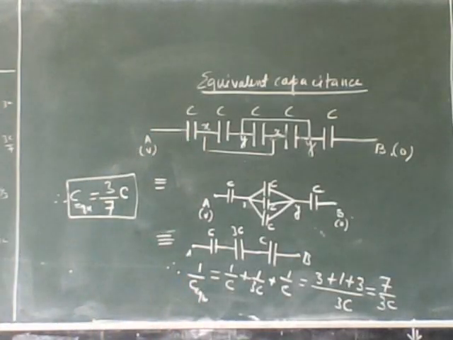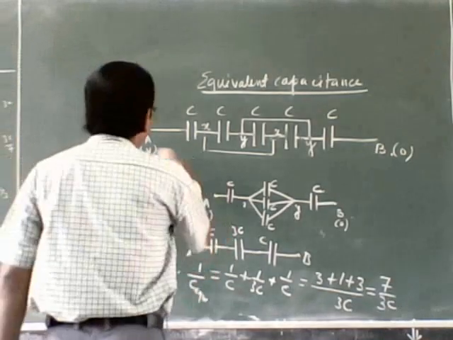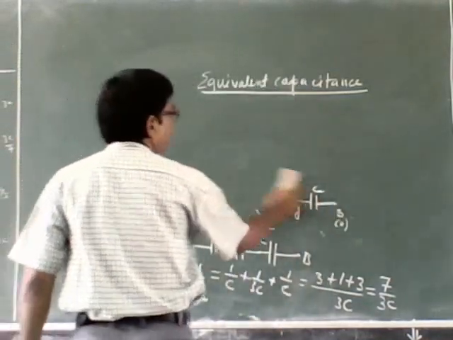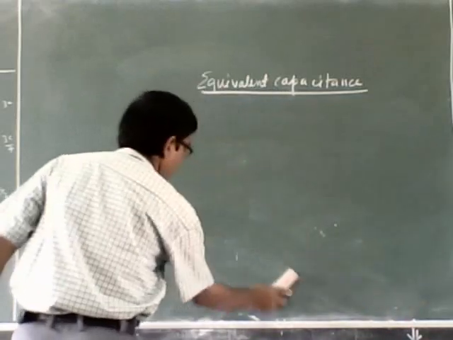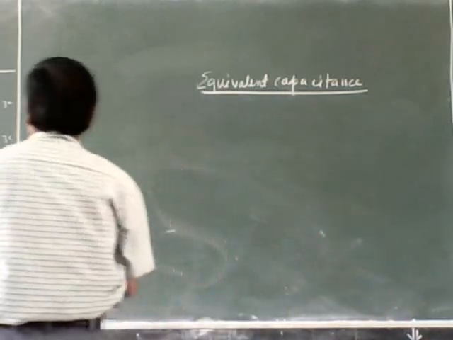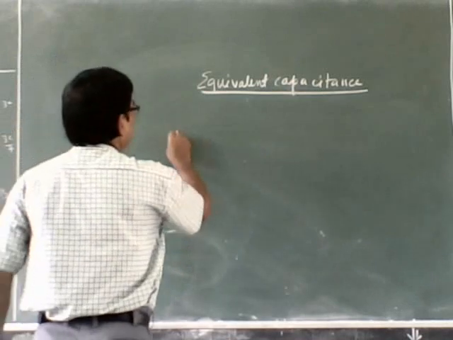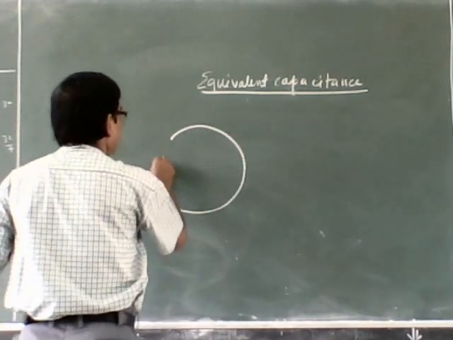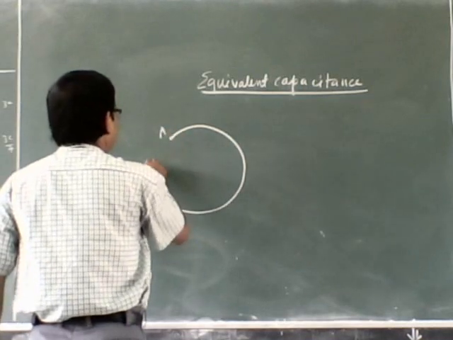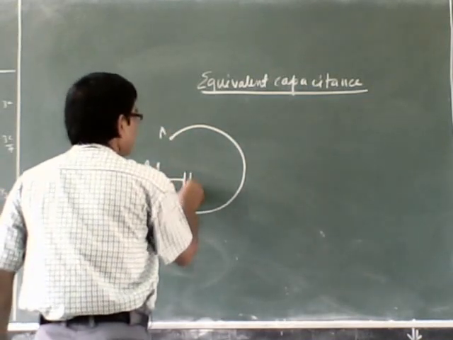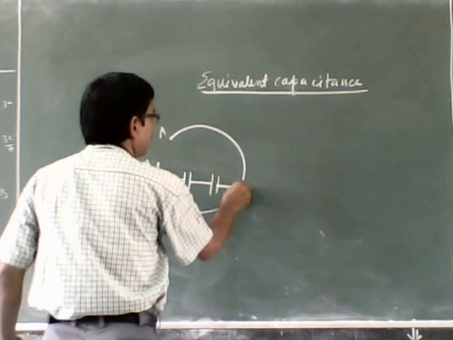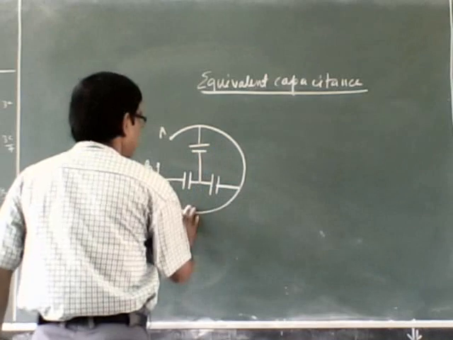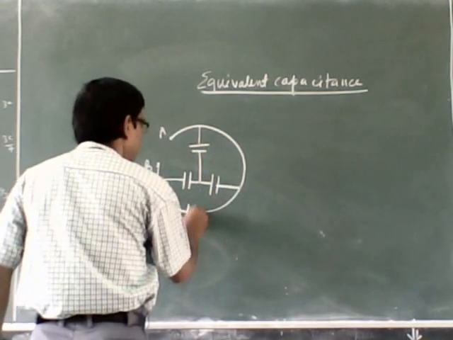Is it clear? Okay. Now, let us see another numerical. Suppose the combination is like this. This is point A, this is point B. Two capacitors are connected like this, and this is one capacitor and here another capacitor.